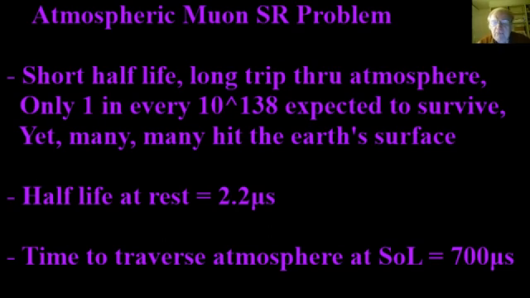Yet, many, many of these atmospheric muons hit the Earth's surface. Their half-life when they're at rest is only 2.2 microseconds. But the time to travel through our thick atmosphere, even at the speed of light, would be 700 microseconds. So how do they get to the surface of the Earth?